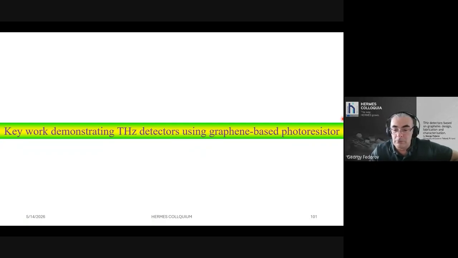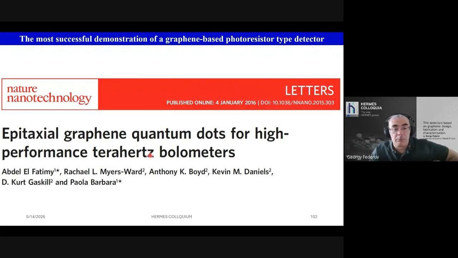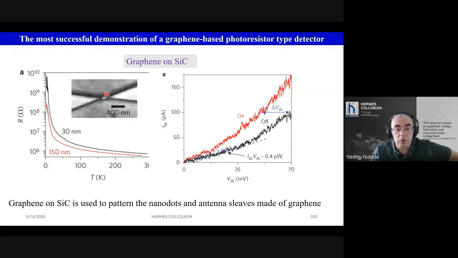I have to show that a photoresistor based on graphene can also be made. This is an important work from 2016, done by good colleagues, and it demonstrated quantum dots, nanodots made of graphene. This is graphene on silicon carbide, where you can etch but cannot gate. So you see the structure.